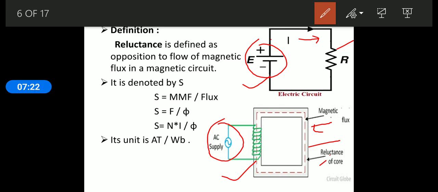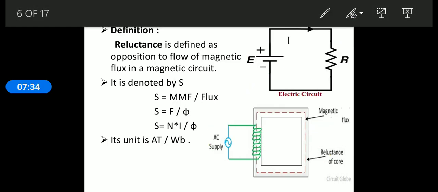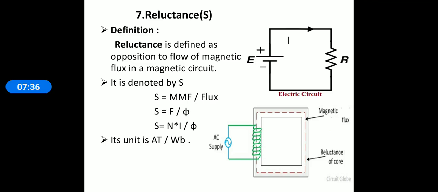And what is the resistance? Resistance is the opposition to the flow of electric current in an electric circuit. Reluctance is the opposition to the flow of magnetic flux in a magnetic circuit.